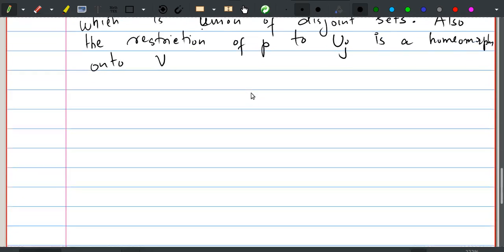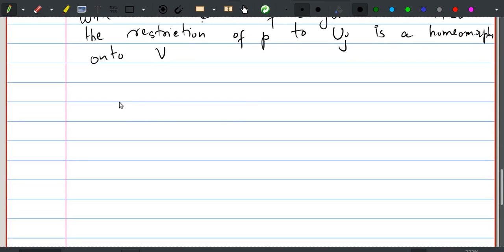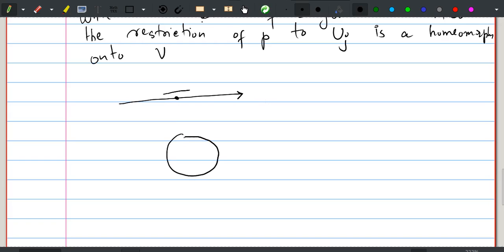So what is actually happening? We have this real line here, and suppose this is over alpha, and this is over the open interval alpha minus pi by 4. This is our circle S1.